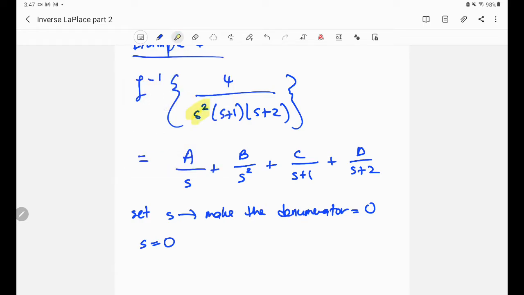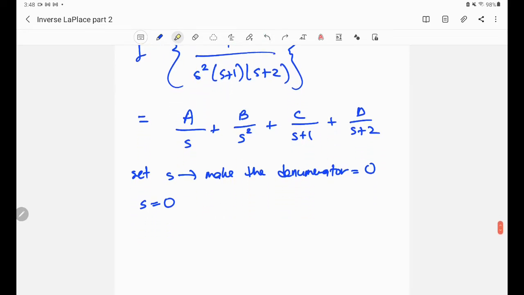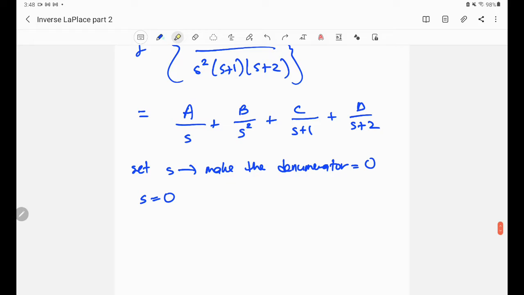But first we do need to expand it first. So let's do the expansion.